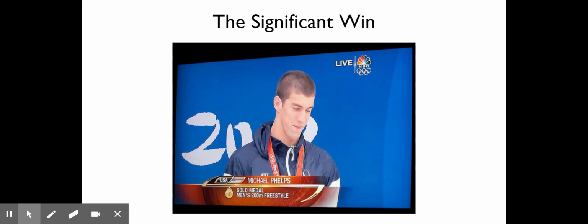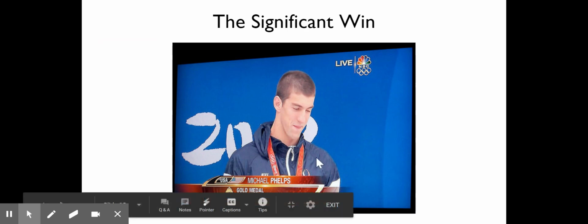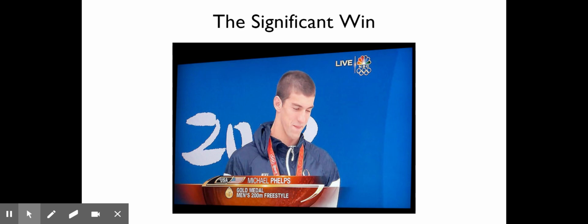So why do we care about sig figs? It's very important in science, but also in the real world. For example, Michael Phelps won so many gold medals, but his speed is very similar to the other swimmers. He's probably just a few milliseconds faster. So that's why we have to be able to measure very accurately and estimate the last digit at the same time.